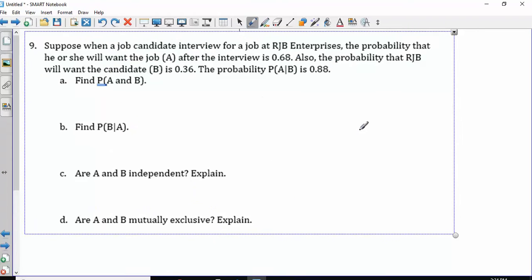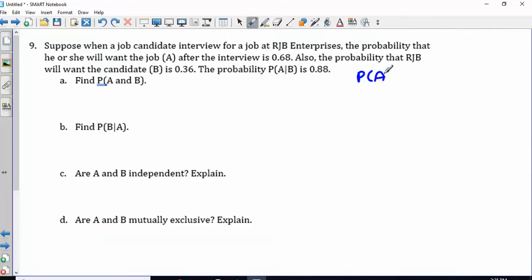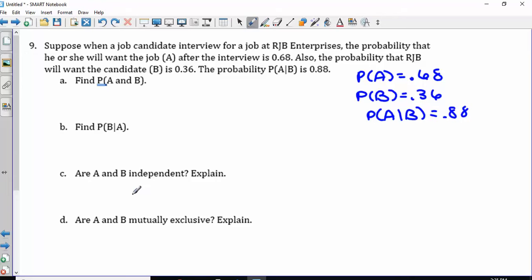Problem number 9. Okay, what I suggest is make a list of what we have. The probability that he or she will want the job, event A, so the probability of A is 0.68. The probability that they want the candidate, and I said that's B, so the probability of B is 0.36. Probability of A given B is 0.88.